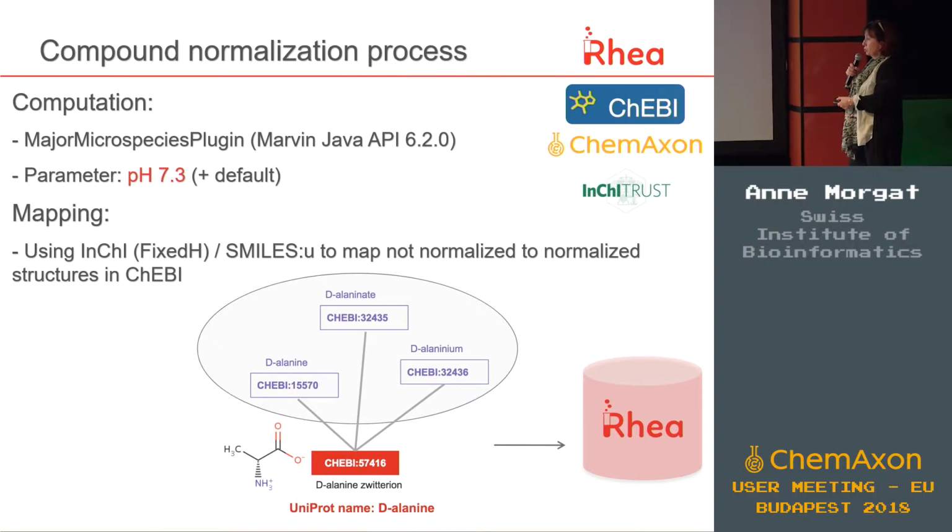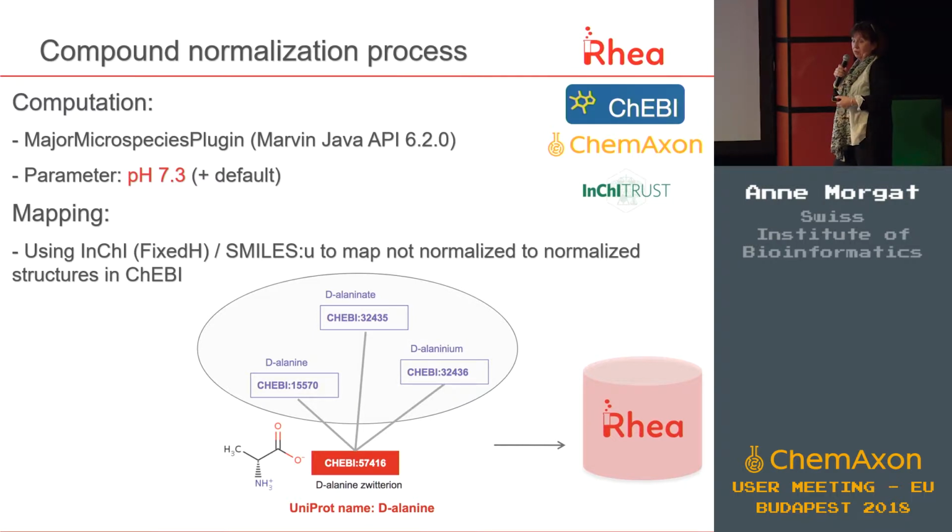We do not want to use this name in our chemical equation. So in ChEBI, we have a specific synonym called the UniProt name, where we can define our name, and we will use this name in our reaction. In this way, ChEBI can change its common name without any consequences for RHEA.